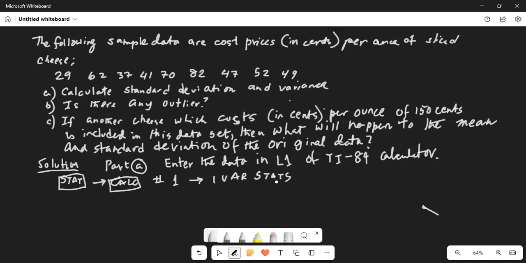Highlight means move the cursor to calc and then number 1, 1-Var Stats. My list is L1, usually it is set at L1. The second line, the frequency list, should be empty, and then we will calculate. Put the cursor on top of calculate and hit enter.